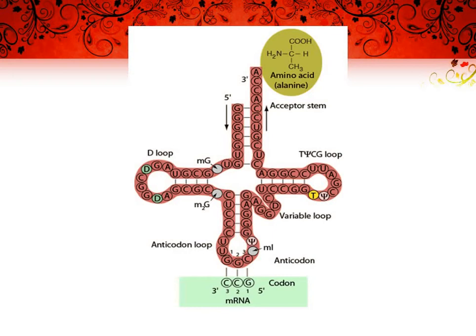So, like this, the anticodon and the amino acid are complementary to each other. Now, this is a secondary structure of transfer RNA. This secondary structure is usually converted into a tertiary structure by hydrogen bond formation between the DHU loop and T-C loop.